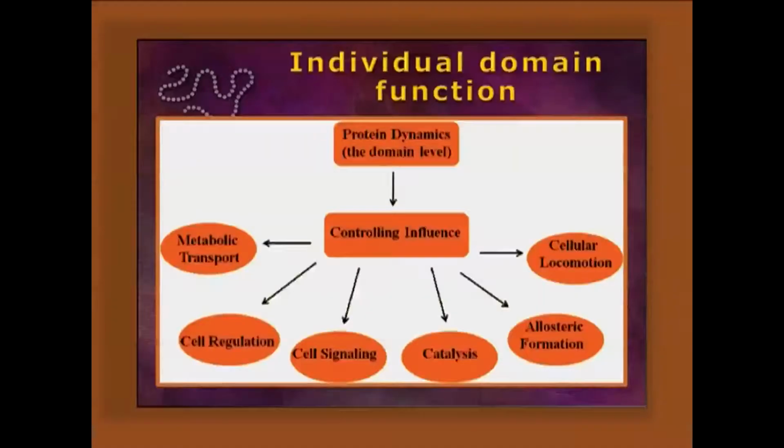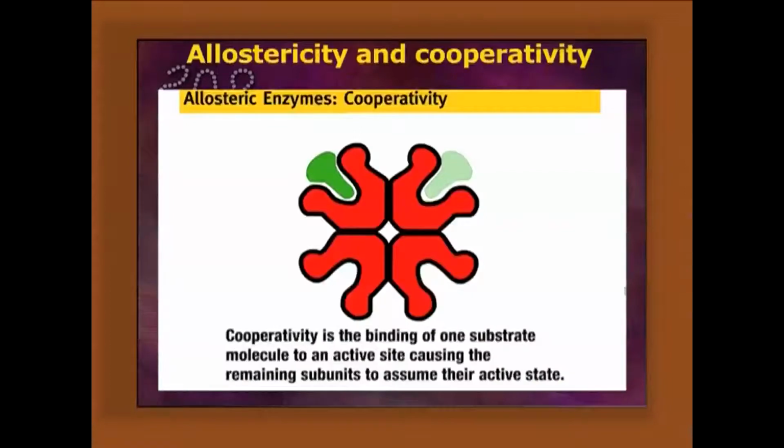Now, individual domain function. Individually they have different types of function, like metabolic transport, cell regulation, cell signaling, catalysis, cellular locomotion, as well as allostericity. And here cooperativity is well described. Allostericity means that a change in the conformation and structure of one particular subunit can be imparted to other subunits, with respect to the conformation as well as the function.